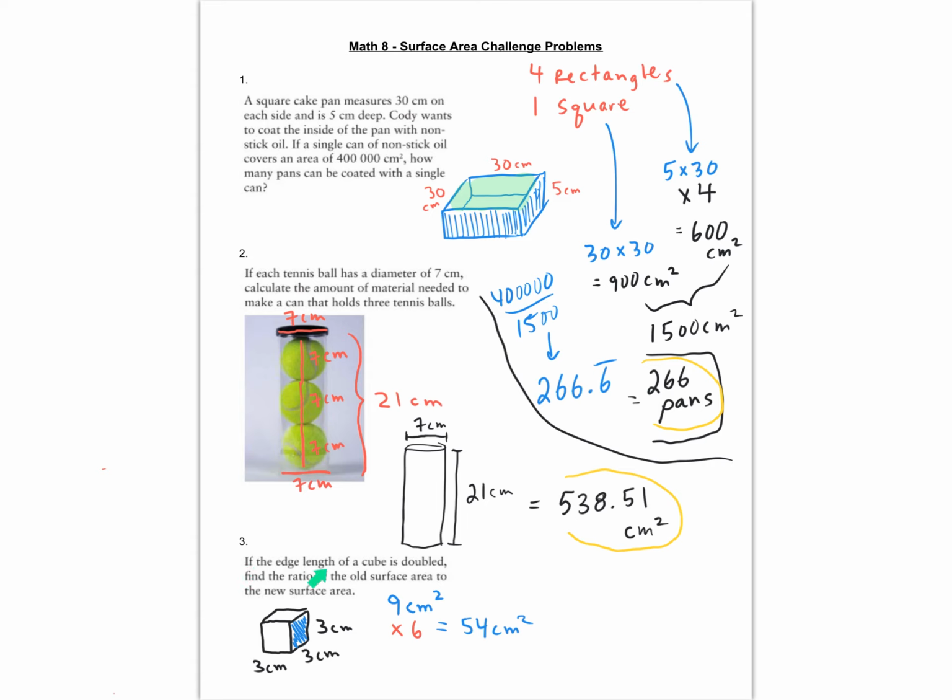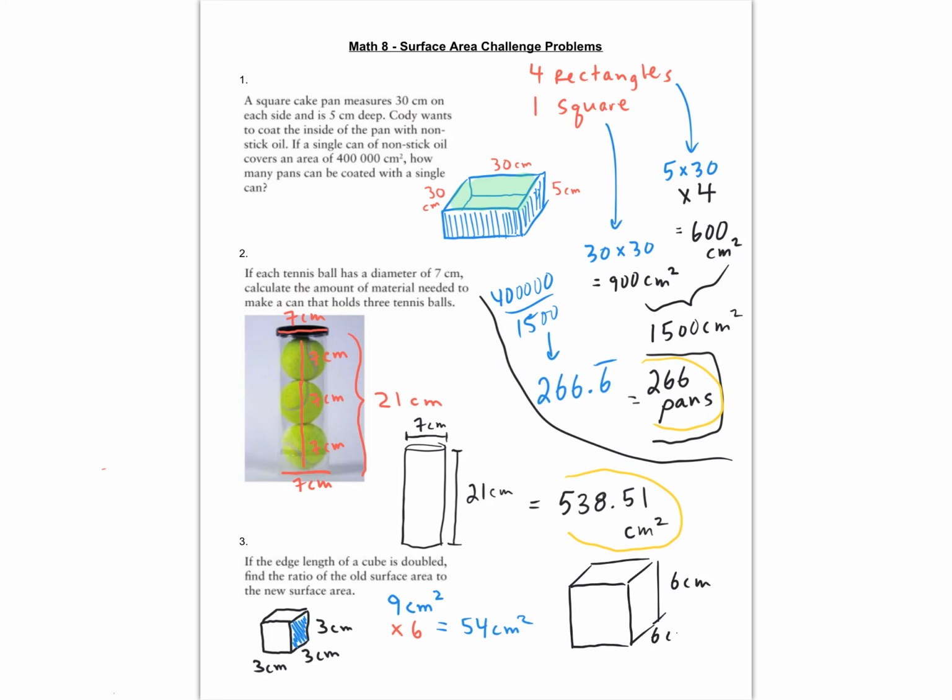So if the edge length of a cube is doubled, so it's no longer 3, it's 6, we're going to have a cube that looks twice as big, essentially. So we're going to have one that looks like this. Okay? And now all the side lengths are 6 centimeters. We've doubled them.